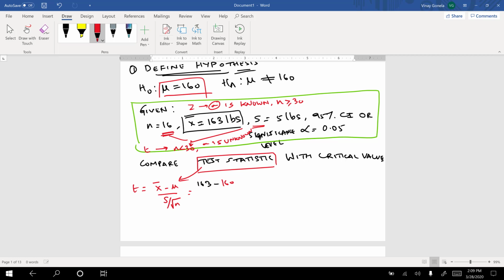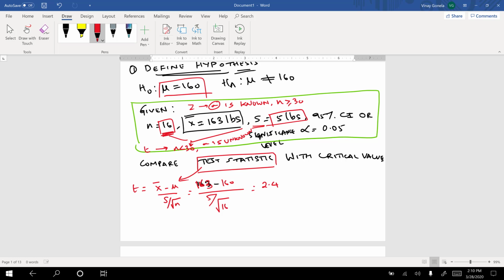So I will use the same color: 163 minus 160. S is 5, over square root of n, where n is 16, the square root of 16. So this is going to give me 2.4.